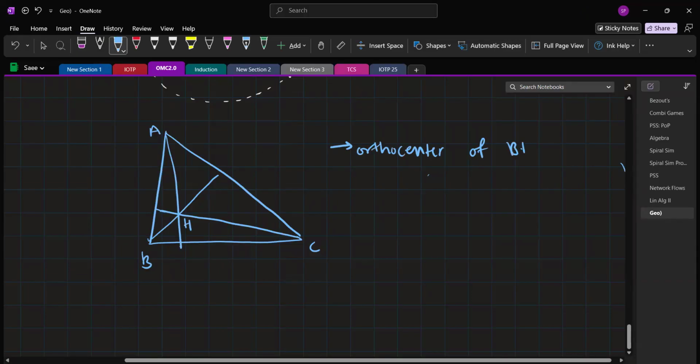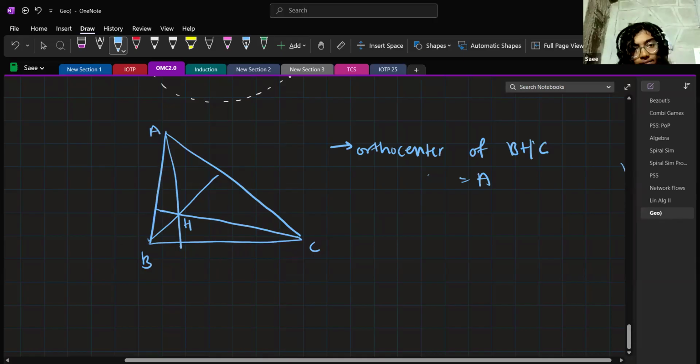It's A. Yeah, it's going to be A, because if you look at BHC as your main triangle, you drop a perpendicular from H to BC, you drop a perpendicular from B to HC, and from C to BH, and you get that it's A. In fact, the orthocenter of ABH is going to be C by symmetry, and ACH is going to be B.